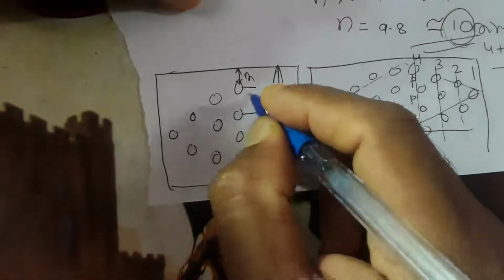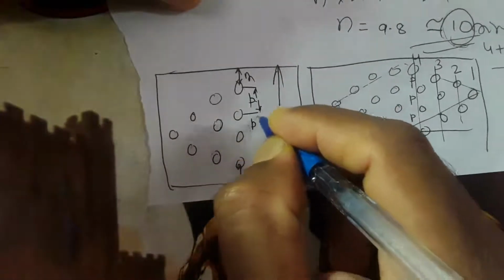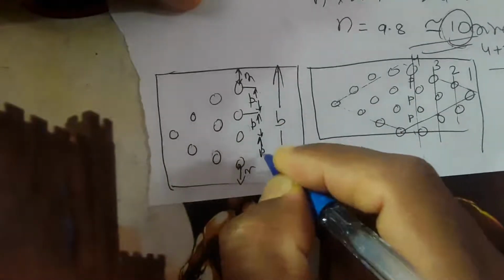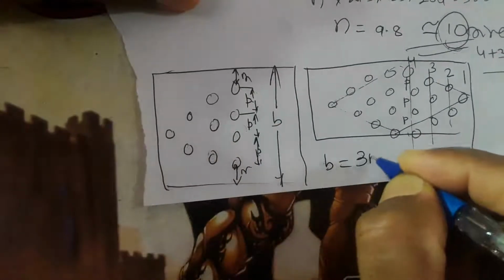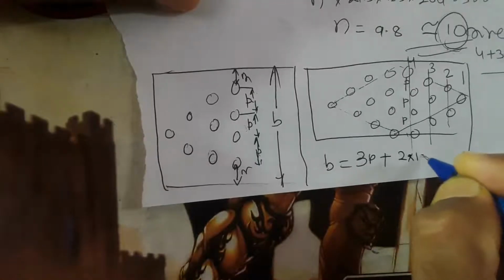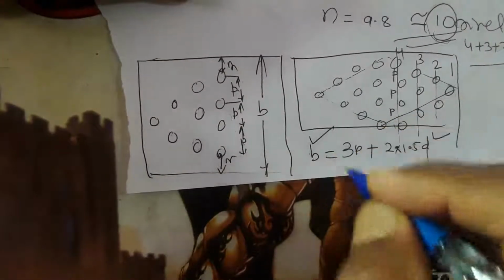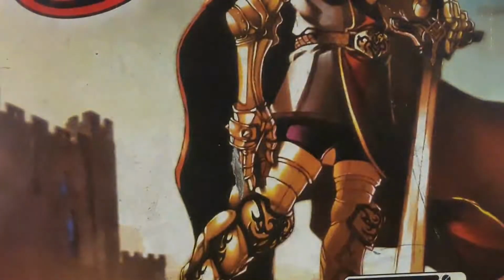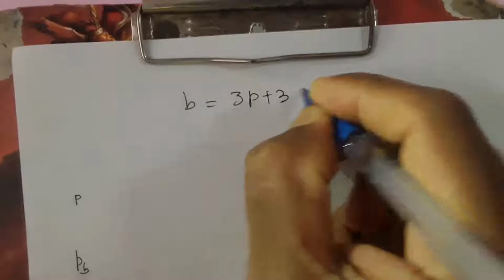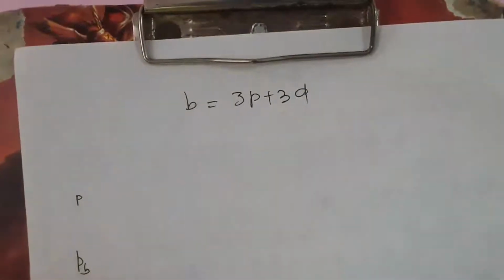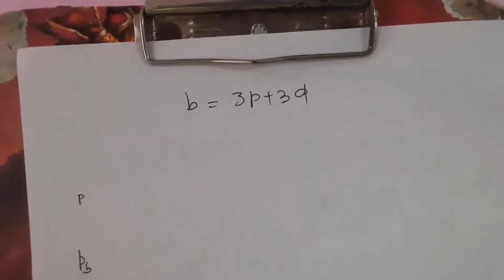From here to here it is P, from here to here is another P. So B is equal to 3P plus 2 into 1.5 D. D is already known, B is already known, so you have to find out P. Using that we can find out, B is equal to 3P plus 3D.